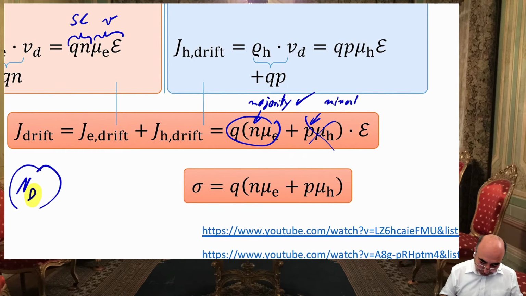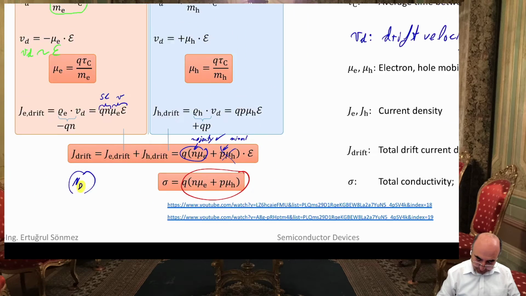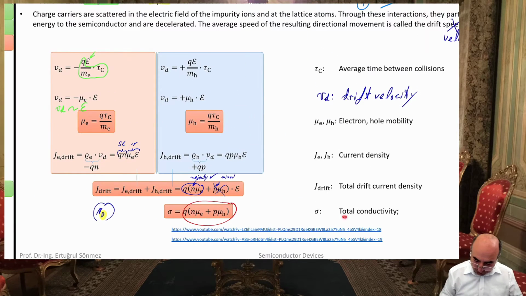Okay, now I have this part extracted. What is this term? This part, it is the total conductivity. So the conductivity, and what is the 1 over the conductivity? It's the total resistivity.